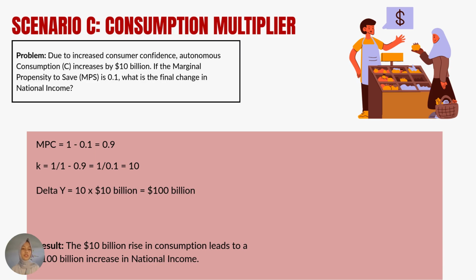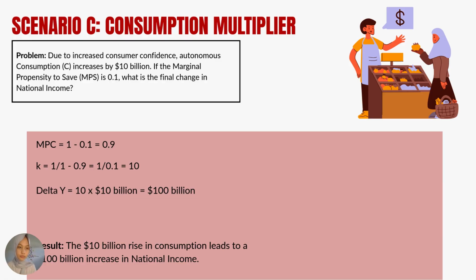Then the MPC equals 1 minus 0.1, which equals 0.9. Okay, so next we calculate the multiplier here. So K equals 1 over 1 minus 0.9, equals 1 over 0.1, equals 10.